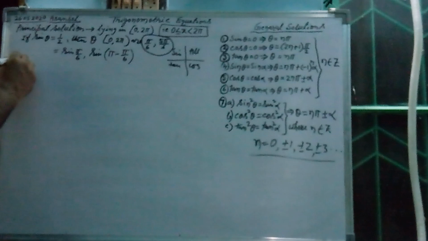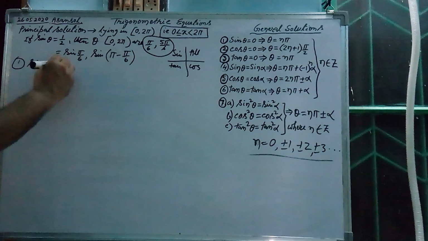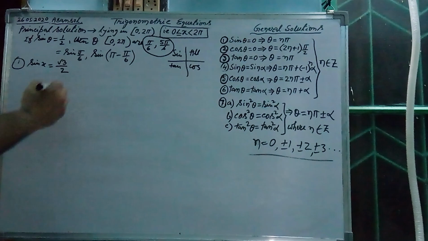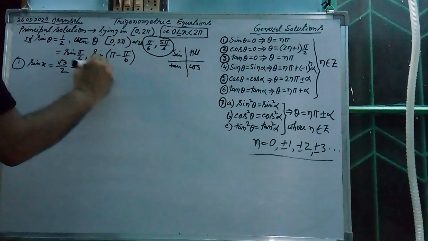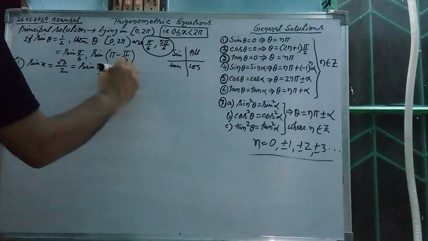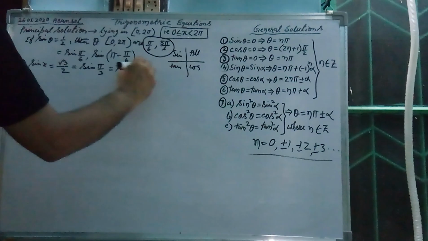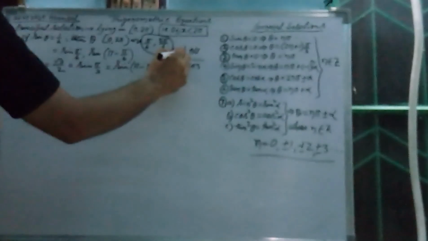Question number 1. Sin x is equal to root 3 over 2. We can write root 3 over 2 as sin pi by 3. It is also written as sin of pi minus pi by 3, since sin lies in the second quadrant.